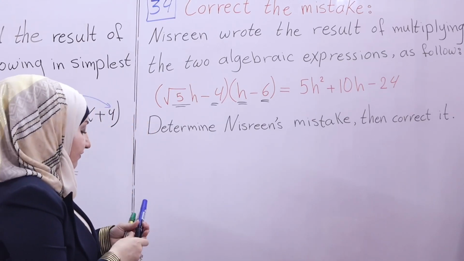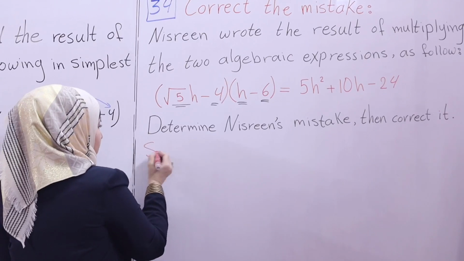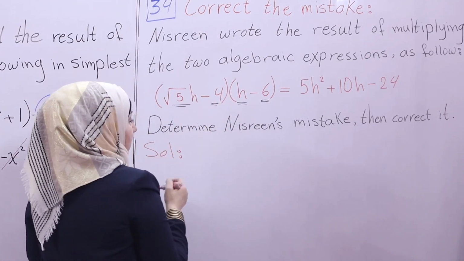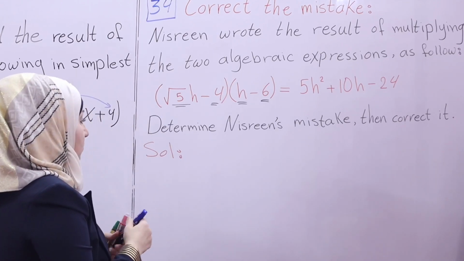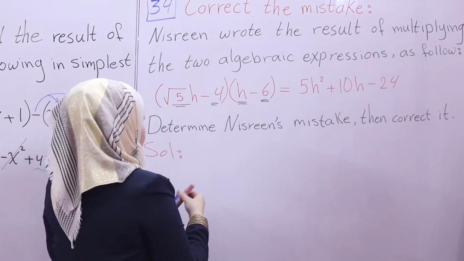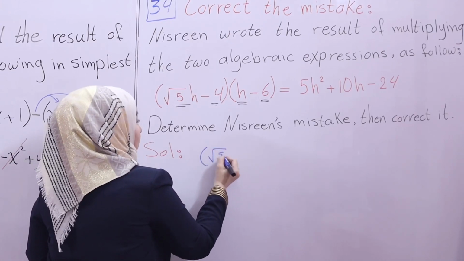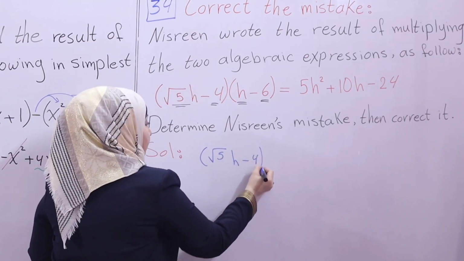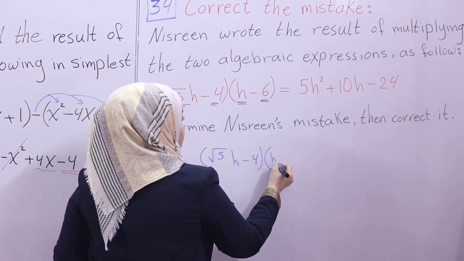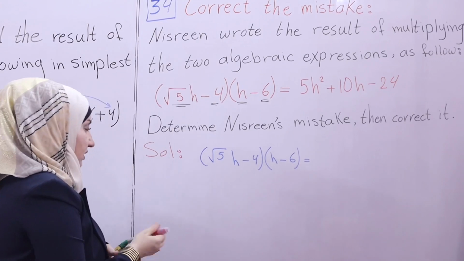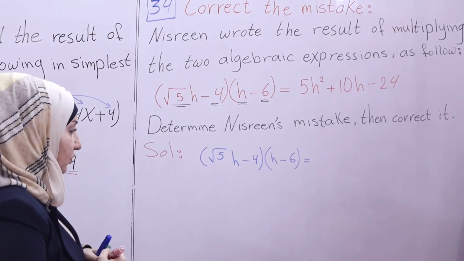So we will find the mistake. How can we find it? By simplifying or multiplying these two algebraic expressions. So when we want to multiply the algebraic expression, square root of 5h minus 4 all multiplied by h minus 6, we will use the property of distribution.